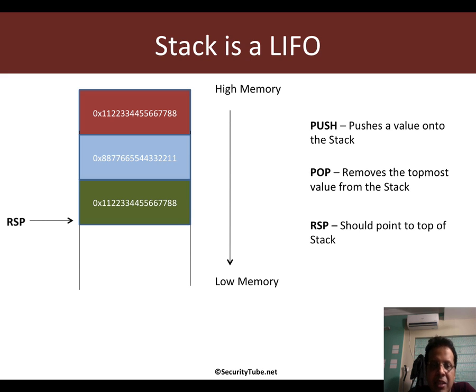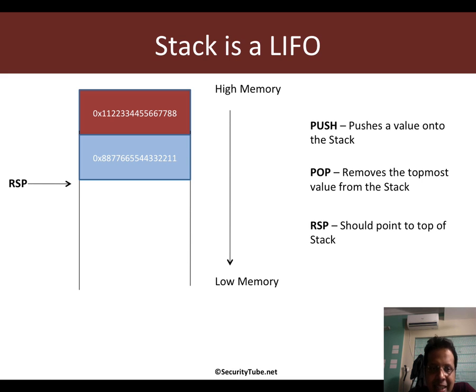Similarly, when we hit the pop instruction, the 8 bytes at the top of the stack pointed to by RSP are removed and RSP is automatically incremented by 8 bytes so that it points higher up in memory.